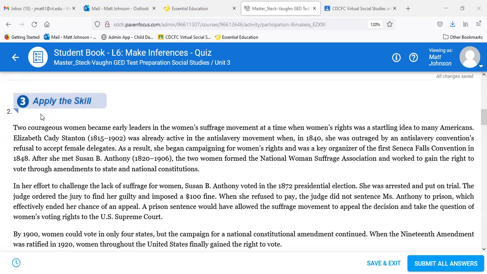As a result, she began campaigning for women's rights and was a key organizer of the first Seneca Falls Convention in 1848, after she met Susan B. Anthony, 1820-1906. The two women formed the National Women's Suffrage Association and worked to gain the right to vote through amendments to state and national constitutions.